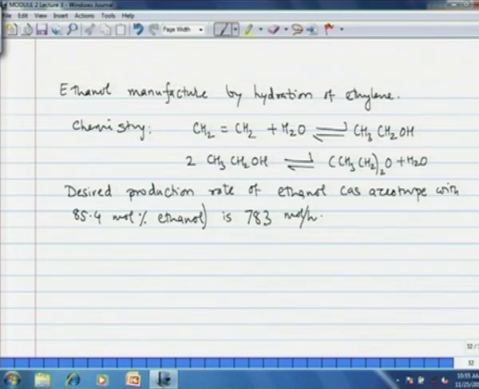Remember that ethanol is being produced as an azeotrope with 85.4% of ethanol.